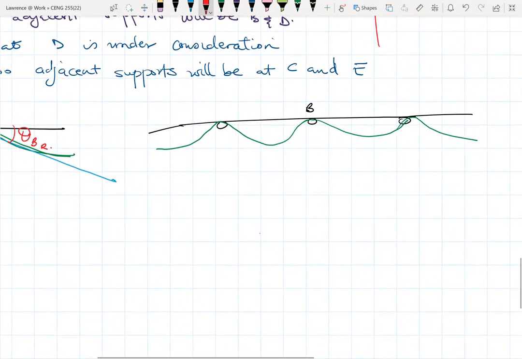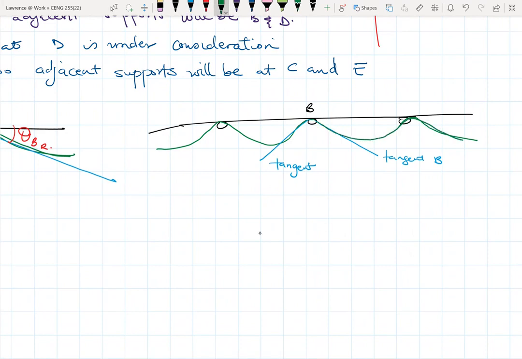Now, if I draw a tangent, I have these two tangents drawn from B. So let's call them tangent B for both cases because they are drawn from B, right? With respect to the slope, it looks a bit strange because my curves are not really that good, but let's just go with it, because normally the curves will not go beyond the tangent.